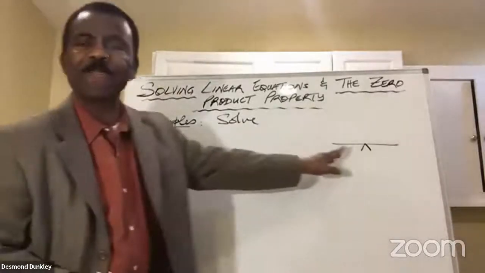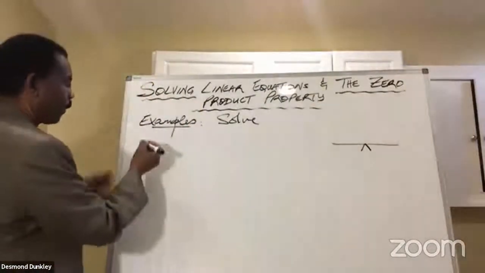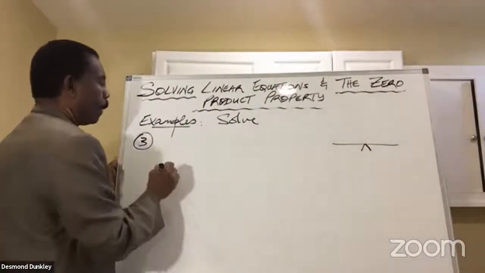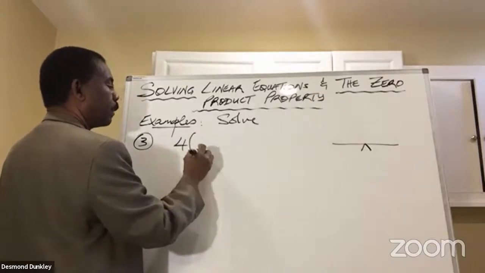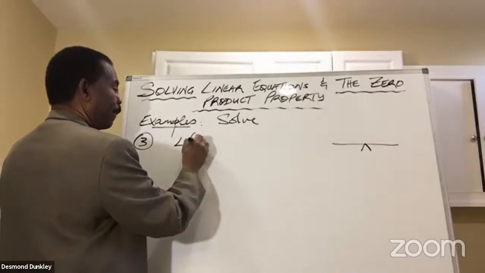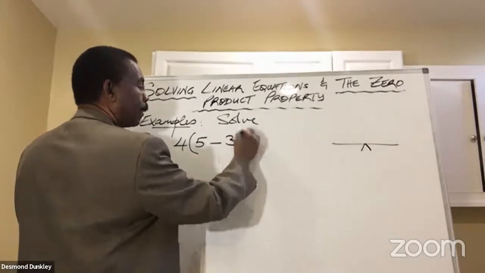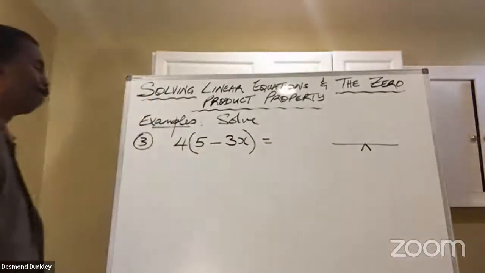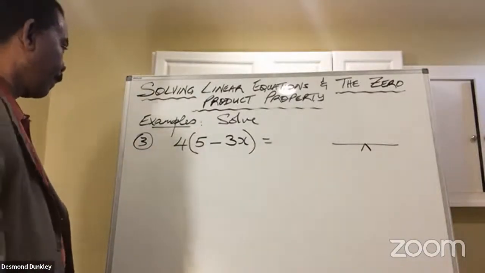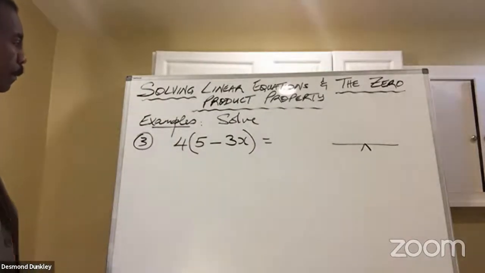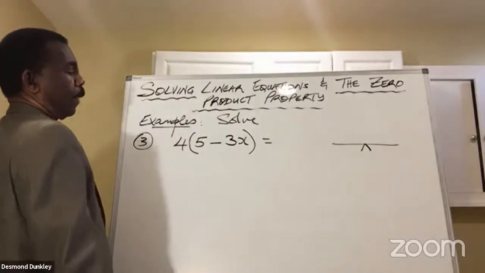I'm going to leave my seesaw over there to show the balance. Okay, so let's try this one, number 3. Suppose we had, say, for example, 4 times 5 minus 3x equal to... Okay, what should we use?